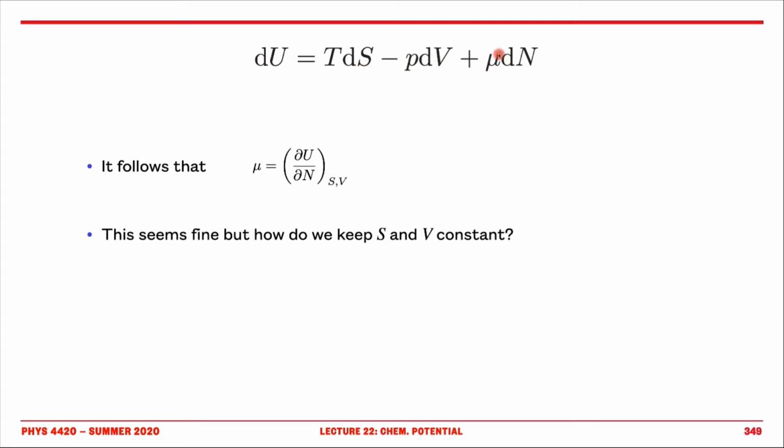T, P, and N, that will be the Gibbs energy. If you were doing S, P, and N, you would have the enthalpy. And if you were doing T, V, and N, that would be the Helmholtz energy. So these are things that are easy to remember just because we understand in what context they are being used. But anyways, we are going to go into that.